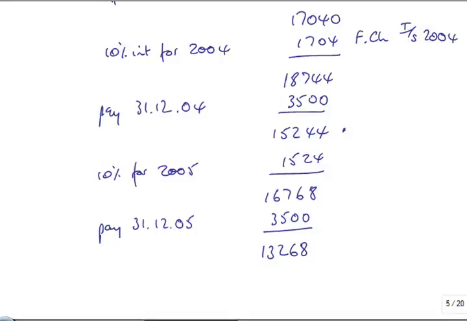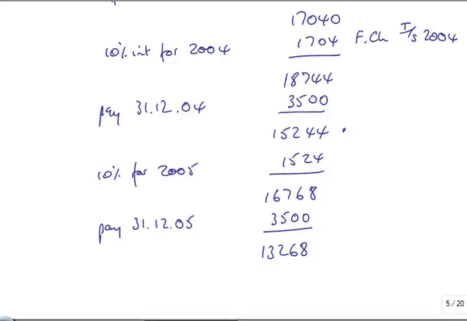Okay, I think we established earlier that 15,244 was the obligation at the end of 04. And I've just worked out that the obligation at the end of 05 is 13,268. How much of 15,244 is current liability, and how much is long-term liability? You don't need a calculator. You really do not need your calculator.